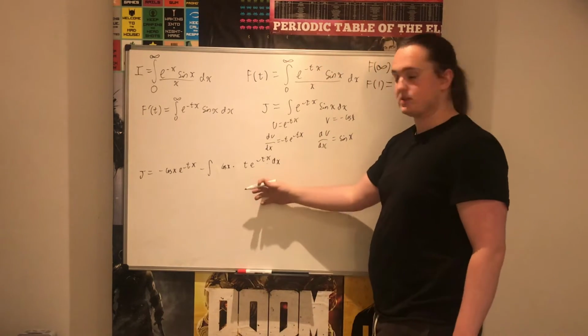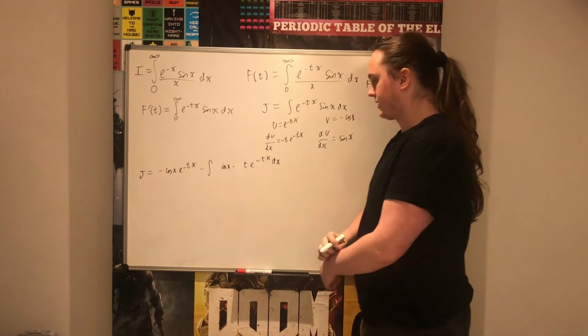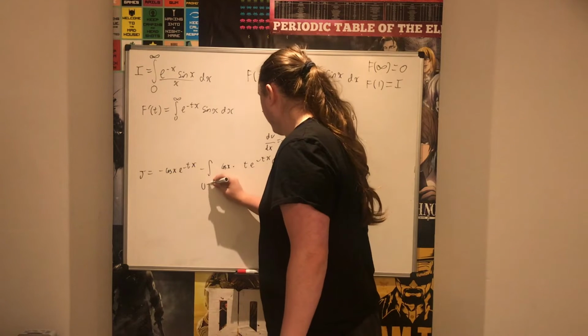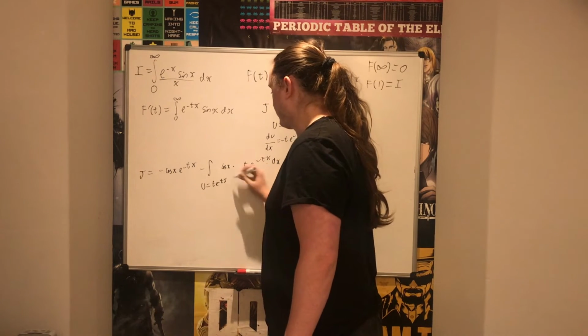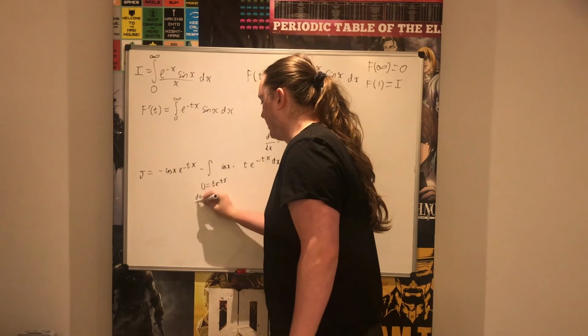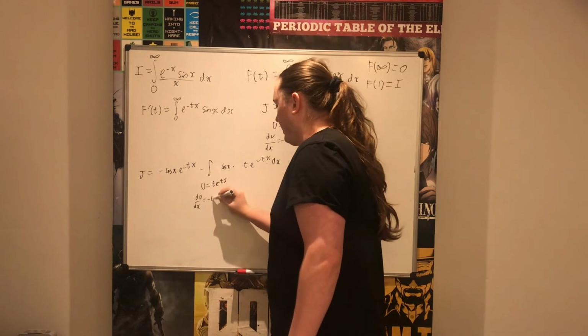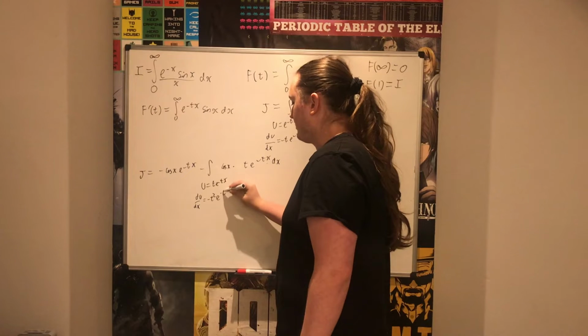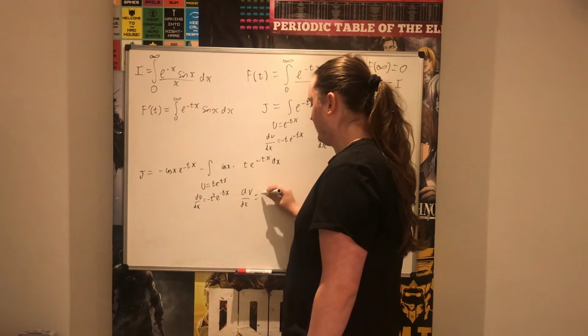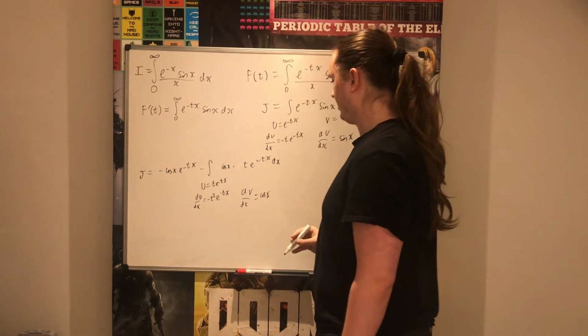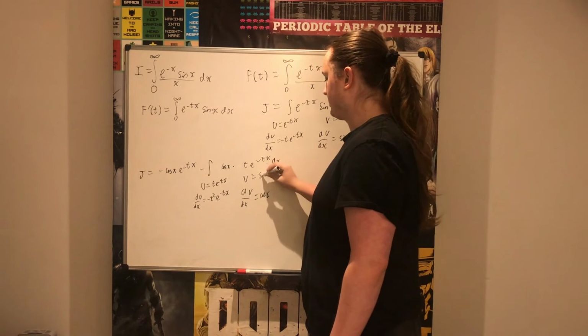So now we have another integral, and we're going to use parts again, and we're going to say u equals t e to the minus tx, so du by dx is minus t squared e to the minus tx, dv by dx is cos x, and so v is sine x.